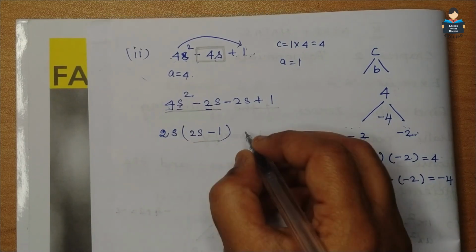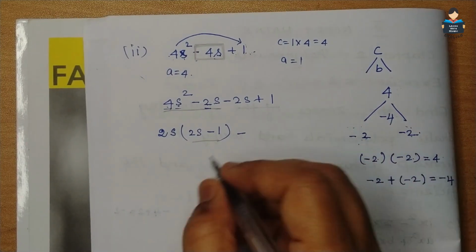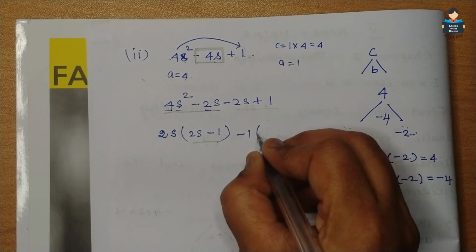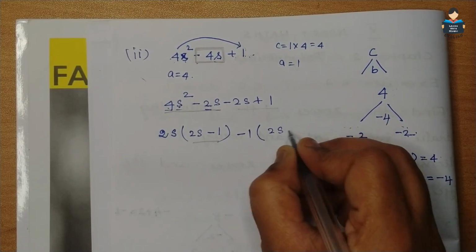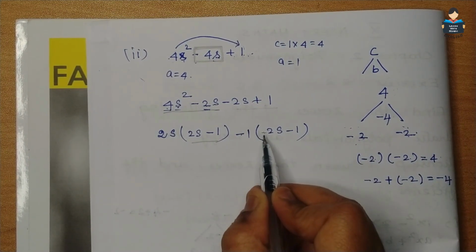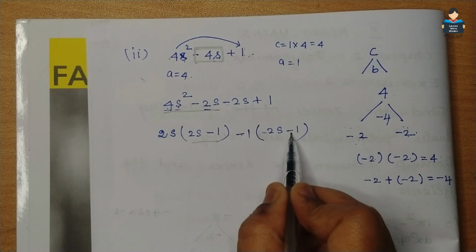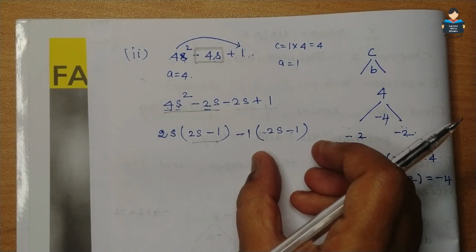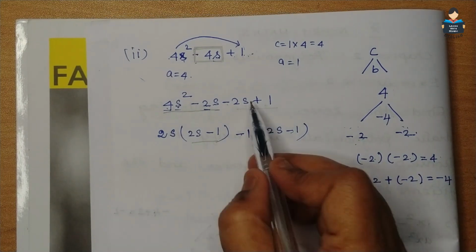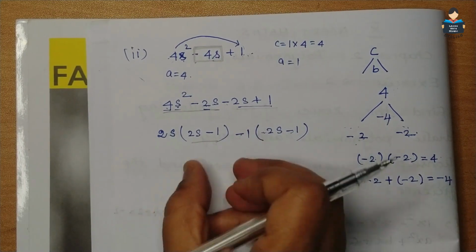So what I will do is I am going to take minus outside. So when I take minus outside I will have 2s minus 1. That is minus into plus I will have minus 2s. Minus into minus plus 1 will come. So I am taking minus 1 alone outside from these two terms.